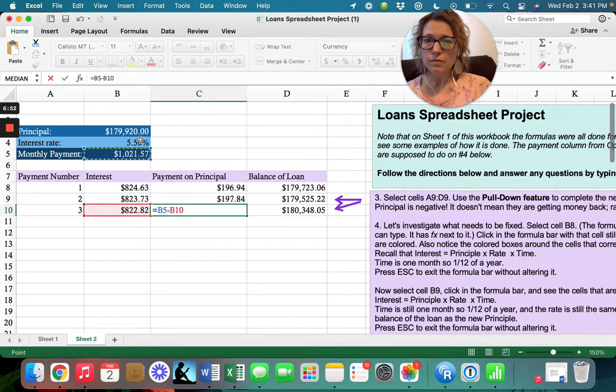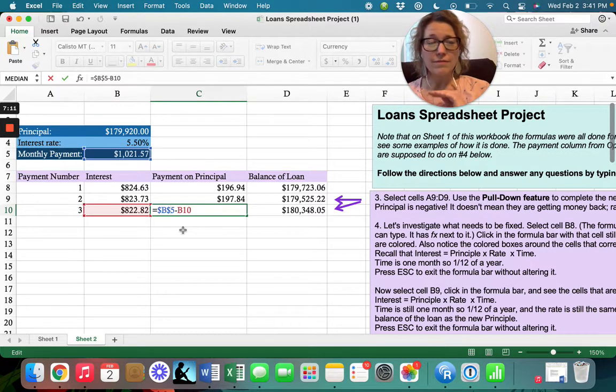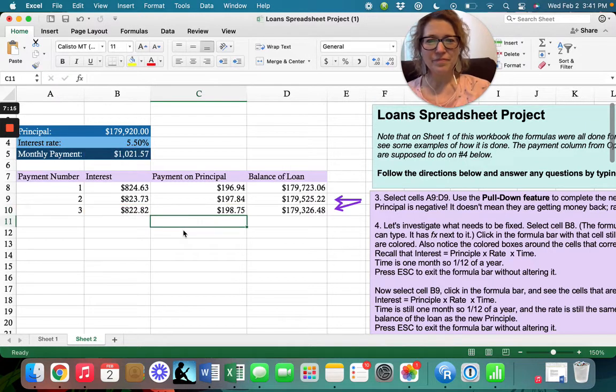So right here where this B5 is, I could either do it here in the cell or up here in the formula bar. I'm going to put in those $ signs before the letter and before the number so that now when I pull down, Excel knows to keep going back to that same B5. All right, that looks much better.